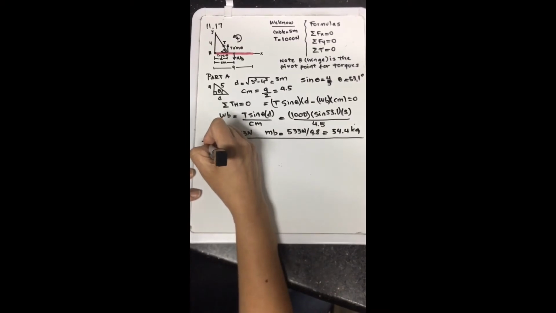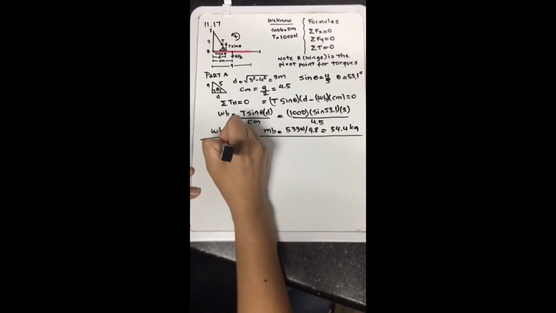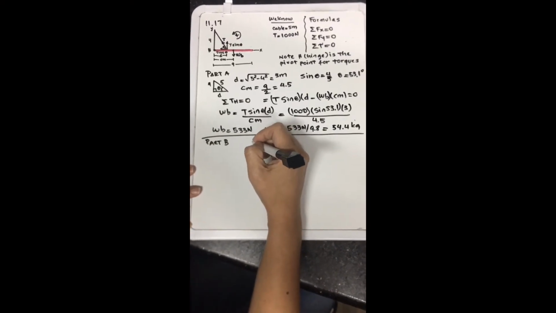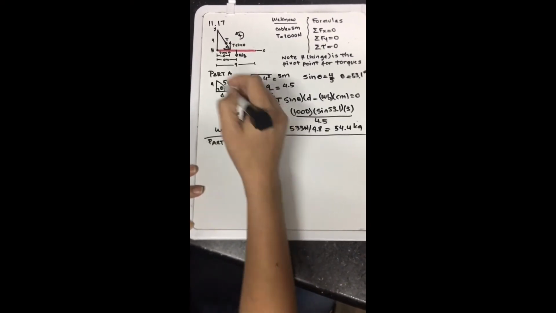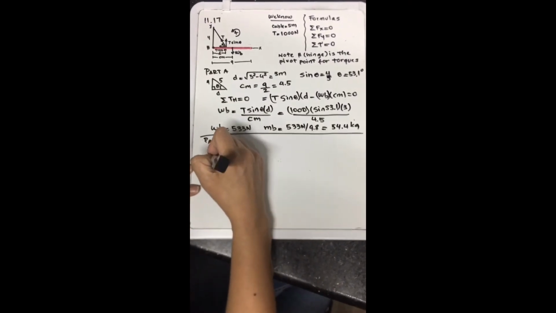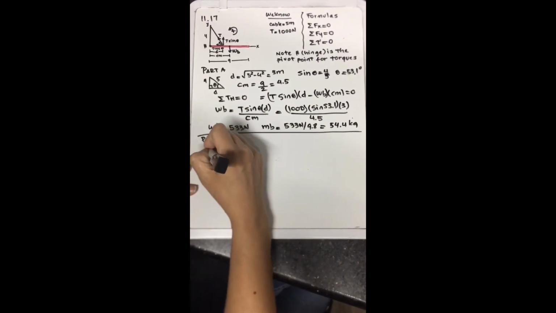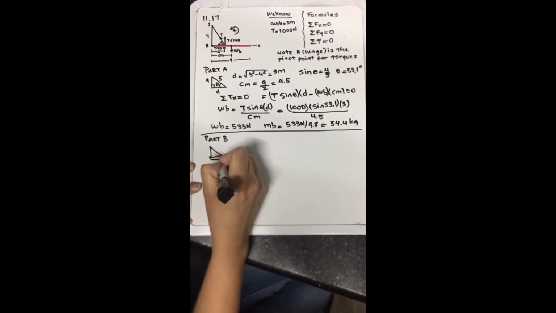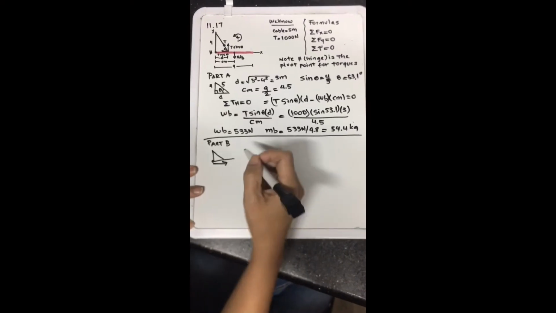For part B, it says find the horizontal component of the force the hinge exerts on the beam. This is the beam, this is the tension, this is the hinge, and this is the horizontal component.